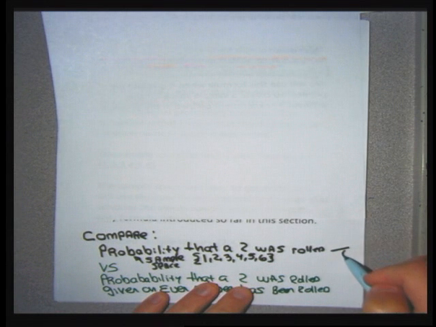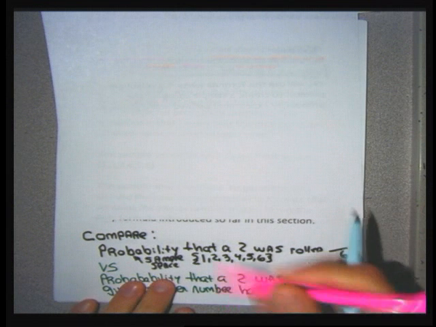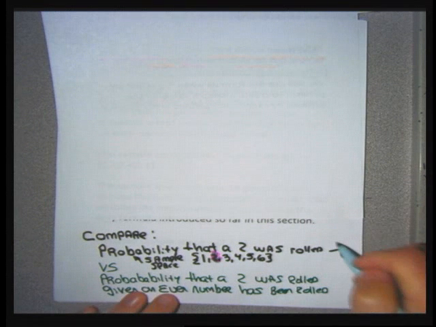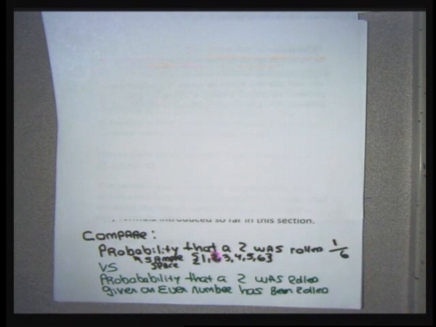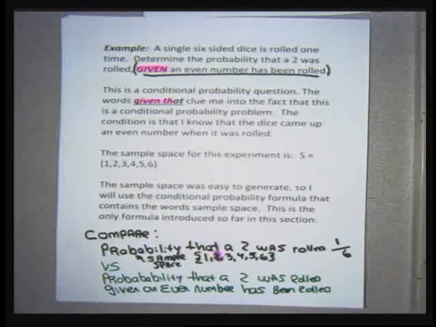And that will make the denominator for that probability a 6 because any one of the 6 numbers could have been rolled. And then the numerator needs to be the number of items in the sample space that fit the requirement, in this case that a 2 was rolled. So in a non-conditional probability question, a question that didn't have the extra given that something's happened added to the problem, the probability would be 1 in 6.